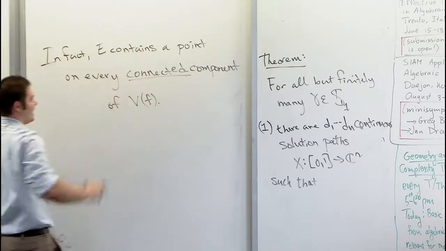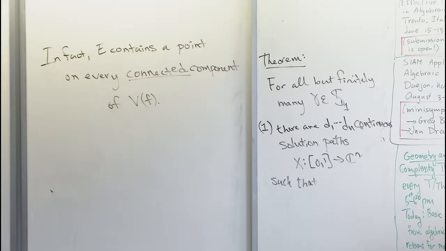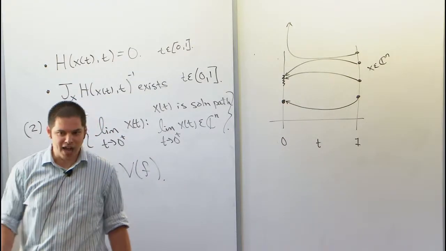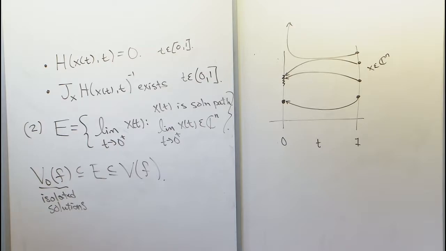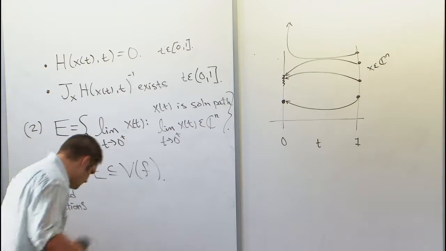So it's not irreducible, but it's the connected components in the Euclidean topology over the complex numbers. Here I drew some kind of connected piece. I'm going to at least find one point on that connected set. So if there's an embedded component, you won't necessarily find it.